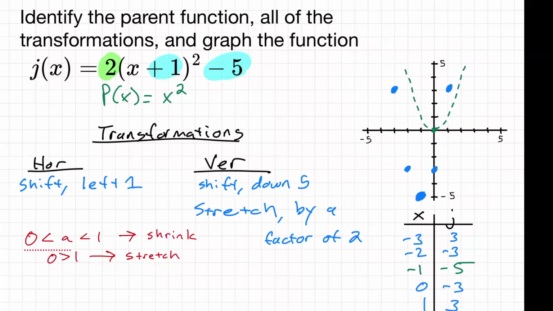And then we can draw our graph from there. Hopefully what you see is that it's still that U shape, but it's just narrower. If drawing this by hand, would I expect perfection? No, it should be somewhat accurate, but not perfection.